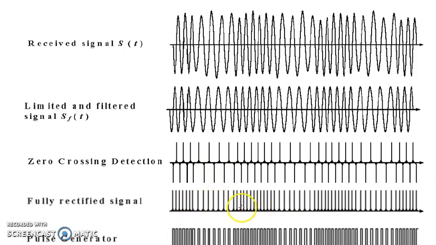This is the rectifier output. Now we are easily able to watch that all these spikes are a replica of the frequency of the received signal at the demodulator. Where the frequency is greater, the spikes are nearer to each other, meaning the frequency of the spikes is also greater. Okay, now what is the next step?